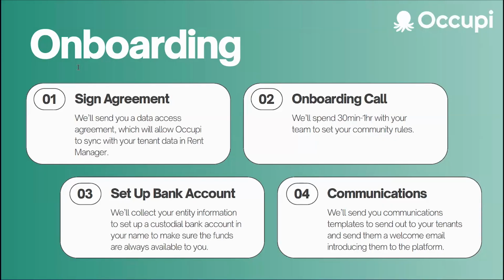We also can help if your property has an initiative to get more updated phone numbers or email addresses. We can also send out either a physical newsletter or a digital newsletter to the email addresses you have, but we'll do everything that we can to help with resident communications because obviously that's mutually beneficial. We want your residents to know about Occupy and we want it to be as easy as possible for them to onboard with our system as well.